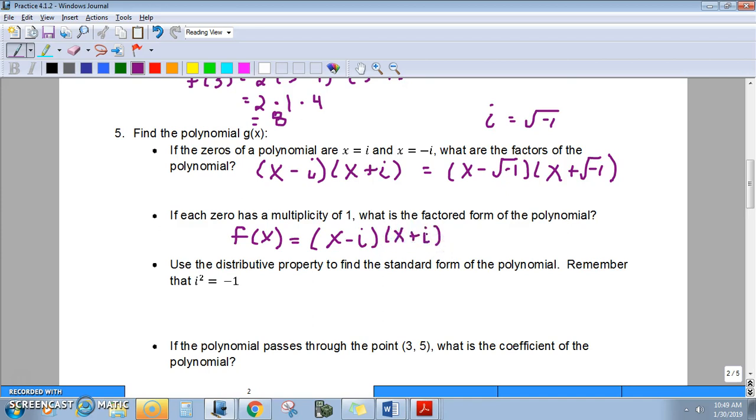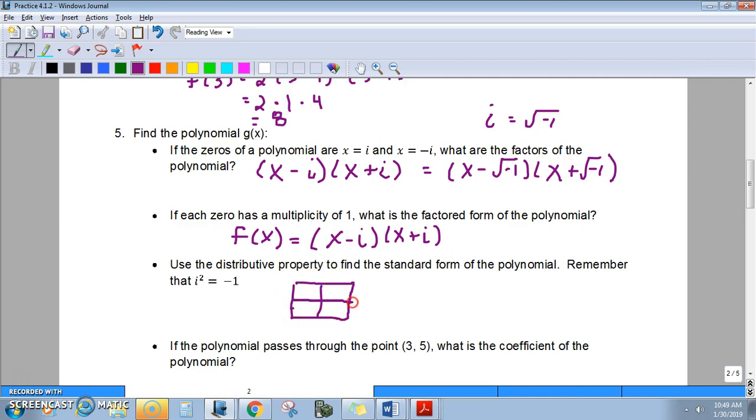Use the distributive property to find the standard form of the polynomial. Remember that i squared is equal to negative 1. The way we've done it in class is we use the area model.